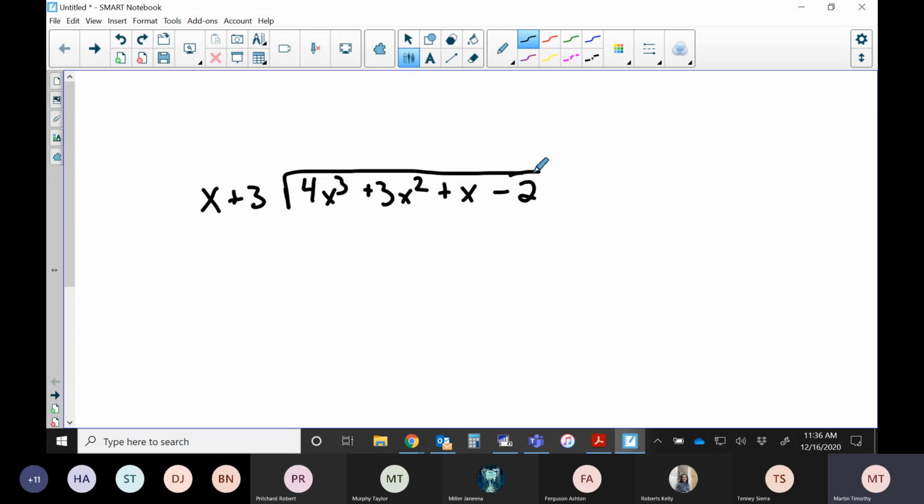What we're gonna do is, this is 4x to the 3rd. Whatever this is here, I don't care if it's a 2x, whatever it is, we're gonna say, how do we make this become this every single time? So x times what would get me to 4x to the 3rd?